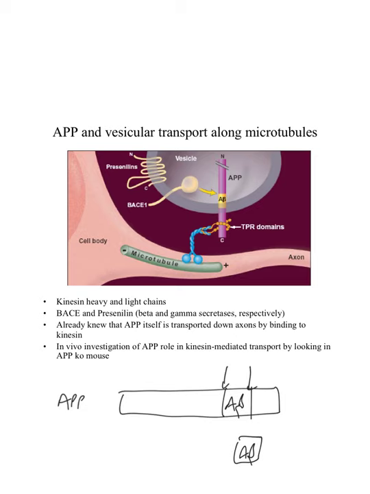That can get secreted and cause plaque and cause Alzheimer's disease. The secretase enzymes involved are beta secretase that cuts here and gamma secretase that cuts here. I didn't tell you the more formal name of those enzymes. I'll do that now. The beta secretase is known as BACE, and the gamma secretase is known as presenilin.